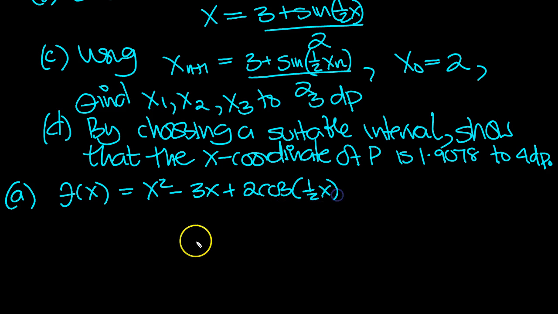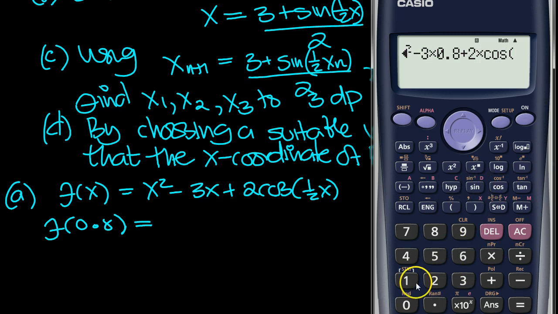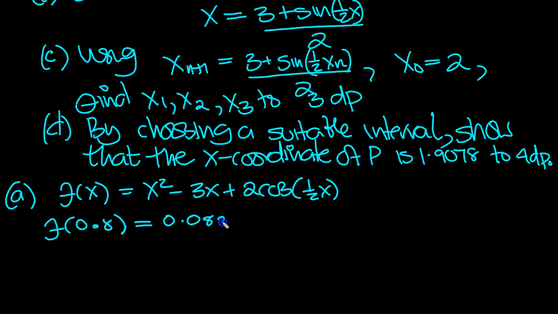So f of 0.8 is equal to, let's tap that in the calculator, 0.8 squared minus 3 times 0.8 plus 2 times cos of 0.8 over 2, which is 0.4. Let's put it fully. That's equal to 0.0821, which is positive.